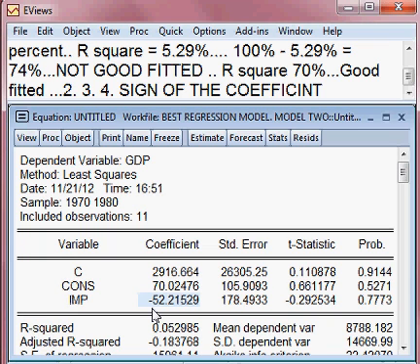So consumption and import both are following economic theory because their signs are all right. So on this part we are happy about this model. Okay, so this is done.